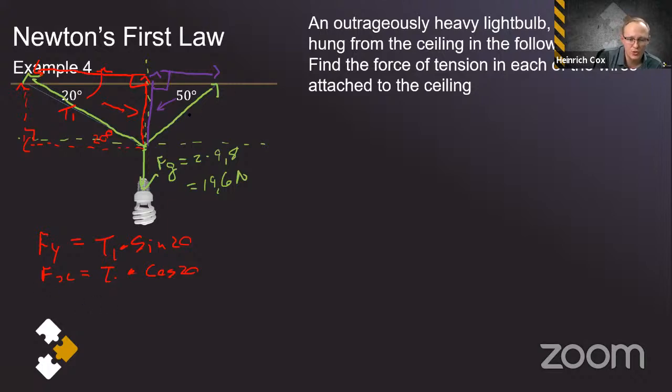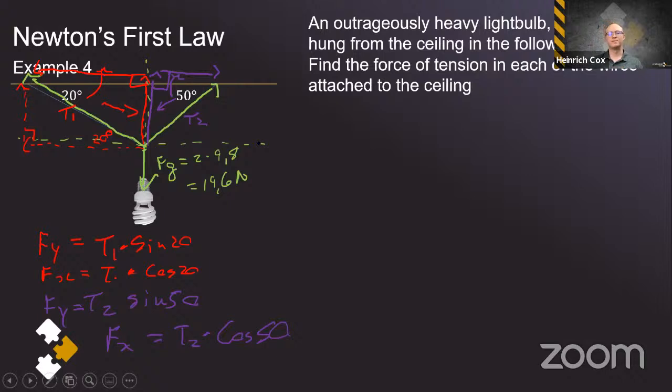So for this one that we'll call T2, Fy is going to be equal to T2 times sine of 50, because again, that y component is opposite the 50-degree angle, right? And then Fx is going to be T2 times cos of 50 because it's adjacent, or next to, that angle there.